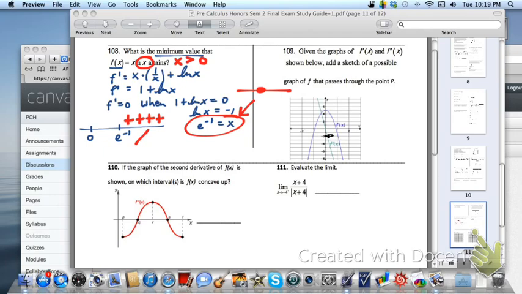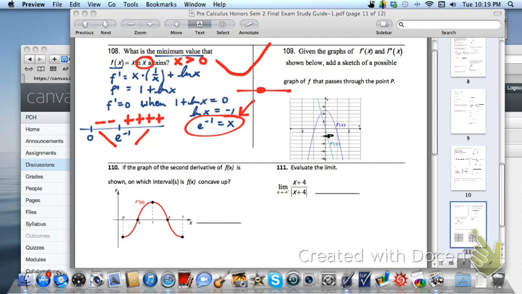And then on the interval from 0 to e to the -1, there's a bit of analysis that goes along with that, but you should be able to determine that f prime is negative on the interval from 0 to e to the -1, which means that f is decreasing on that interval, and so we can see the minimum value. Since f is decreasing and then increasing forever, it never comes back down. The minimum value that f of x attains is not e to the -1.